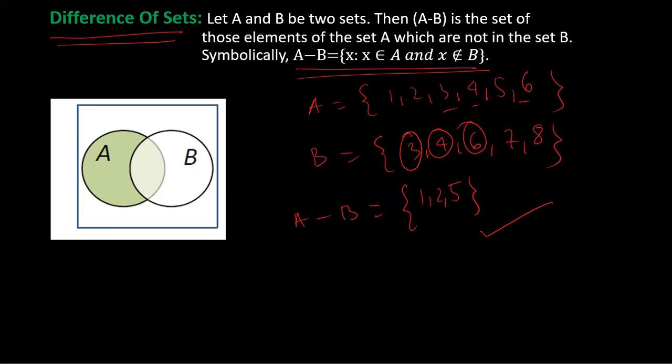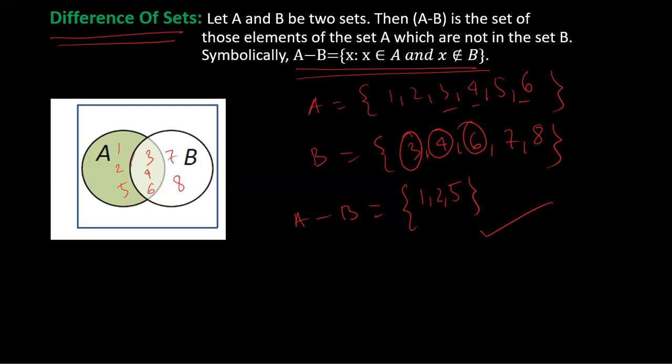If we write, let's say, here in the set B it will be 3, 4, 6, 7, 8, and in the set A, 1, 2, 3, 4, 6, sorry, 1, 2, 5 remain. And in the set B, that will become 7 and 8.